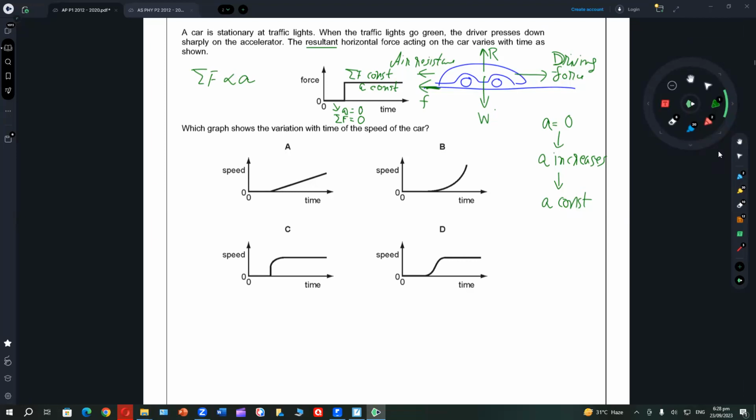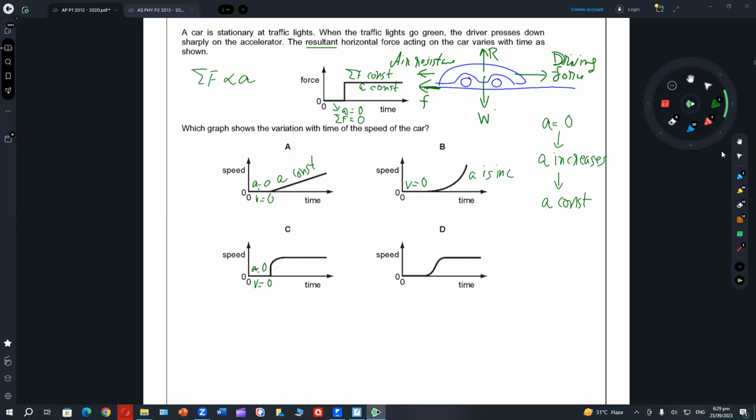Initially, if I mark my A, velocity is 0, and here, when the line is a slope, it means acceleration is constant. Here, velocity is 0, and here, acceleration is increasing. When velocity is 0, acceleration is also 0.